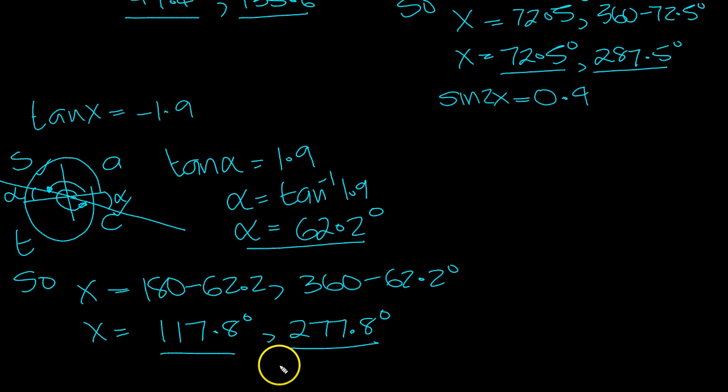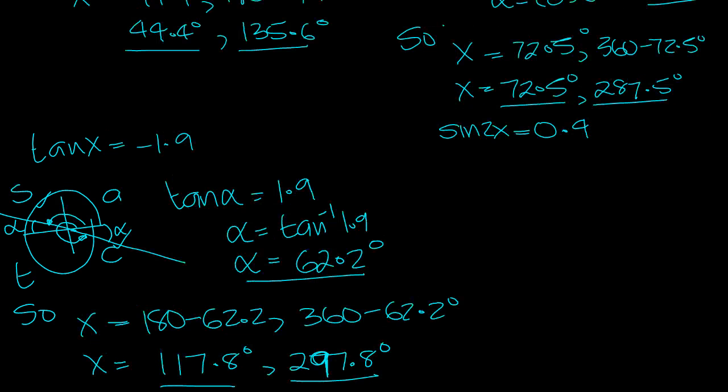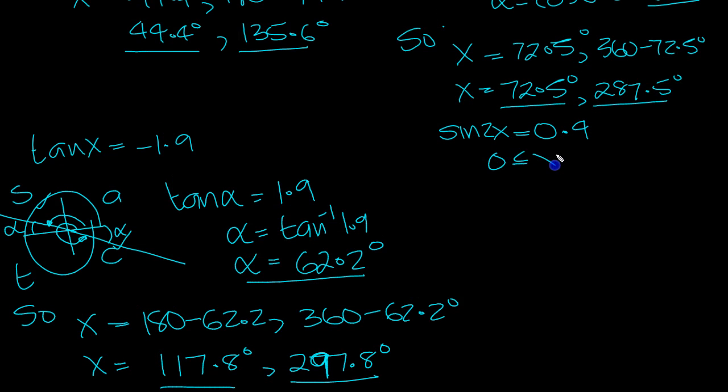So that's that one done. Bit worried about this. Oh, 297.8. What am I talking about? 297.8. Yeah, that's right, because 360 minus 62.2 is 297.8. I don't know how I managed to take off that many. 297.8.